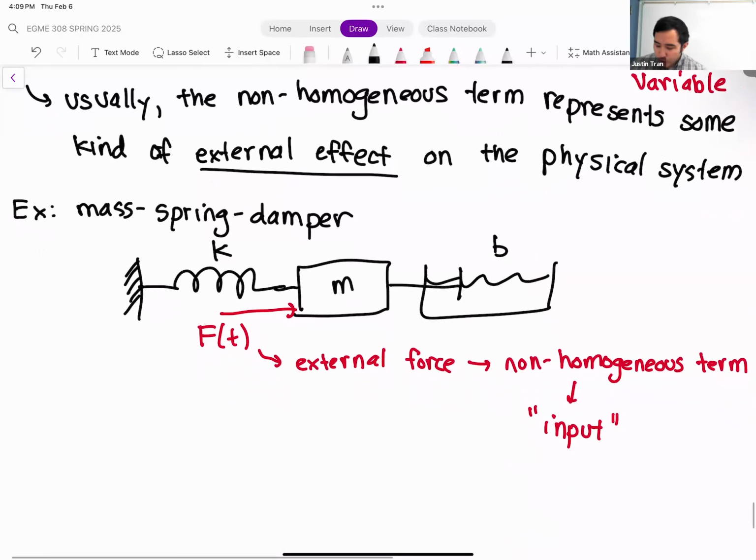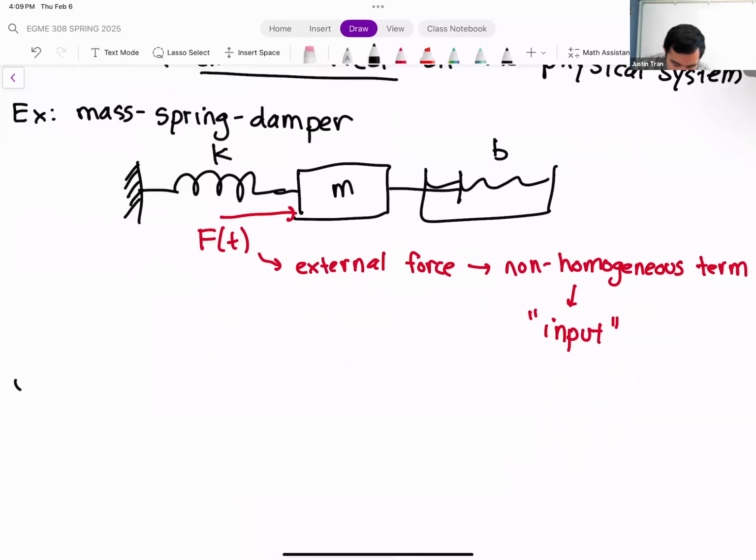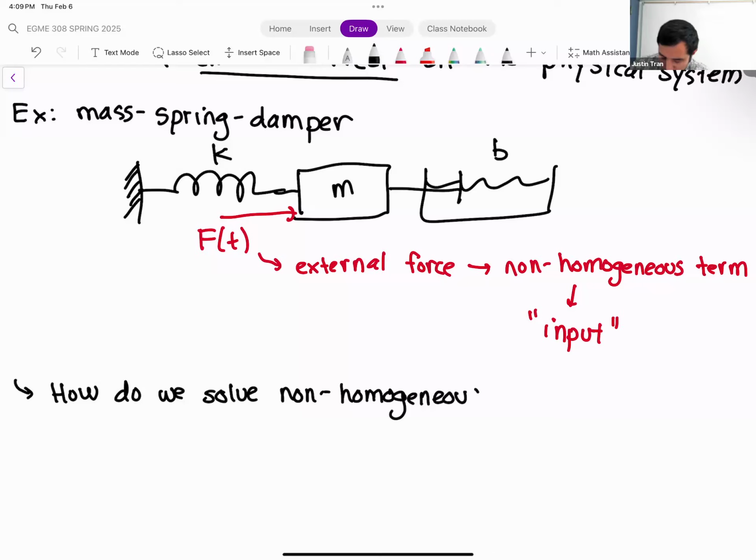Now, how do we go about solving these types of equations? Well, we basically have to solve another problem.